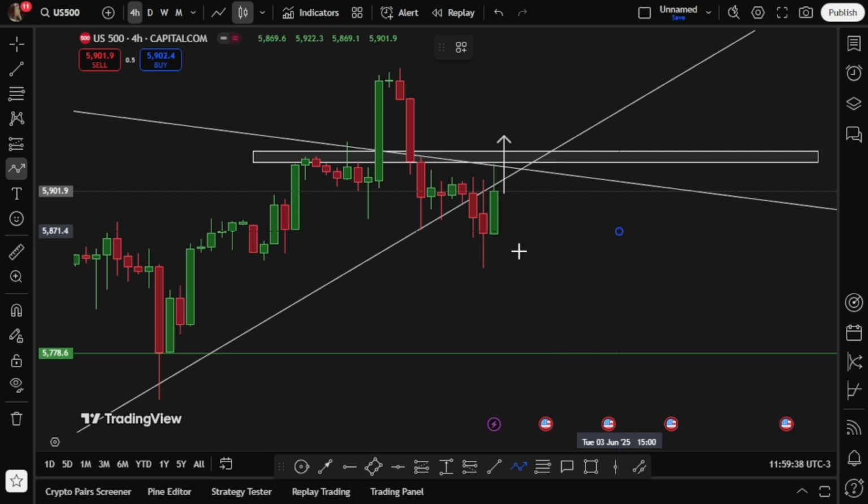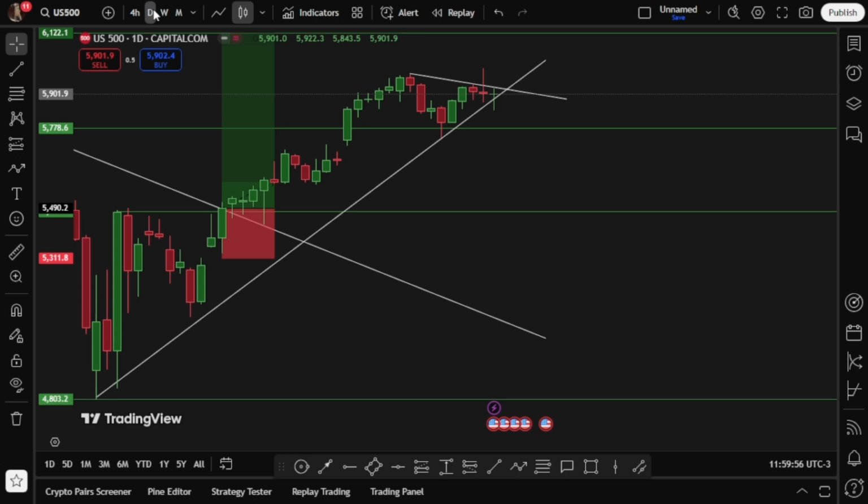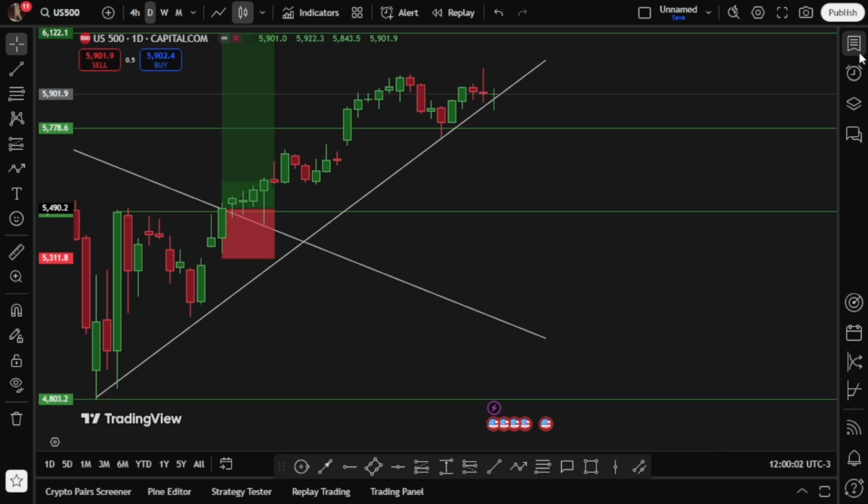Your stop loss goes beneath this level, and your TP goes back to the 100% retracement. Right. So that is it for S&P 500.